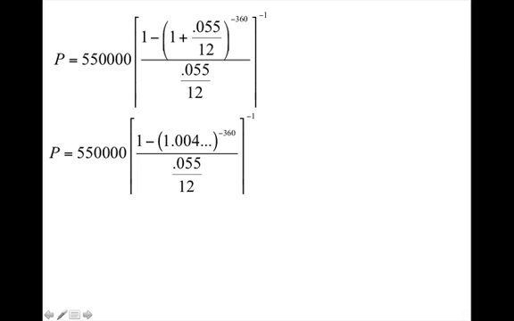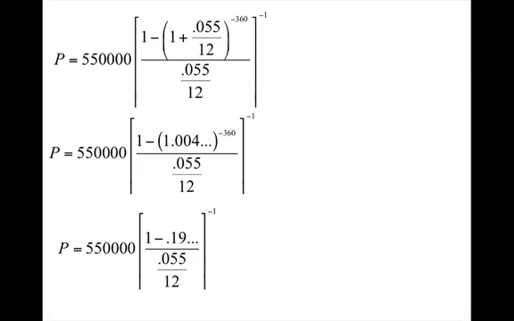So next, leave that 1.004 in your calculator and raise it to the negative 360th power. And when we did that, we got 0.19, and that decimal continued on. Now I need to subtract that from 1, so make the 0.19 negative by hitting your plus minus key, and then add 1, and you get 0.80, and that continued on.